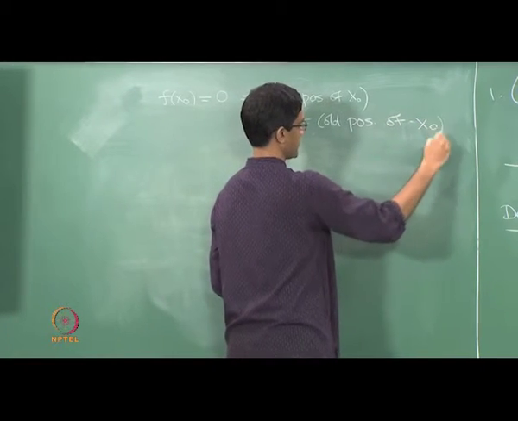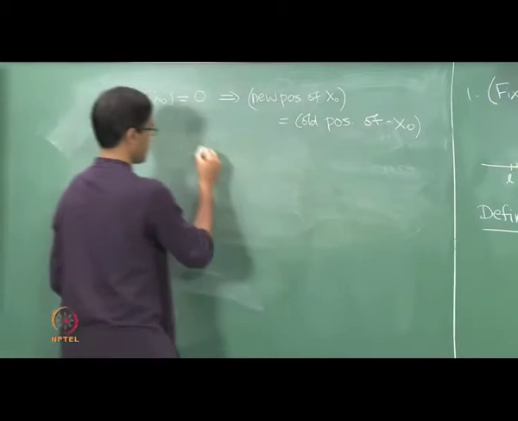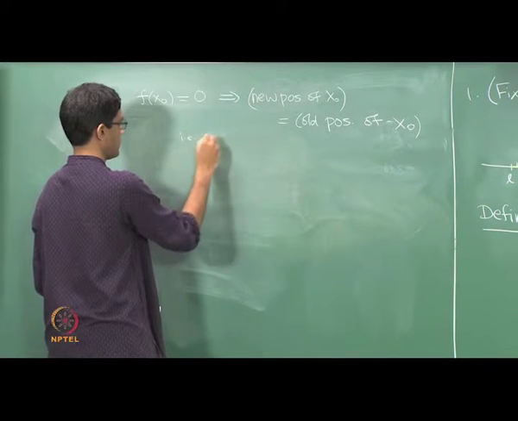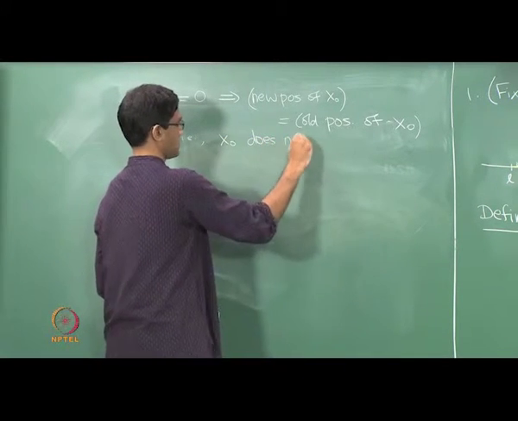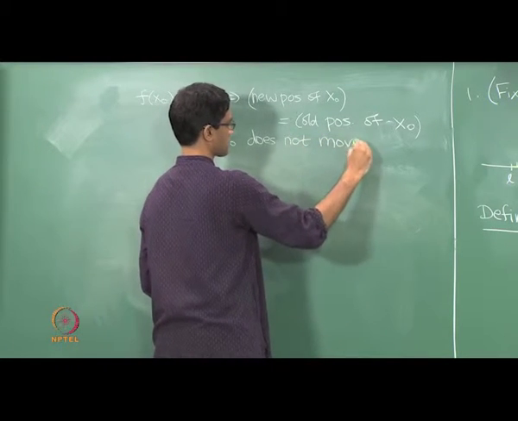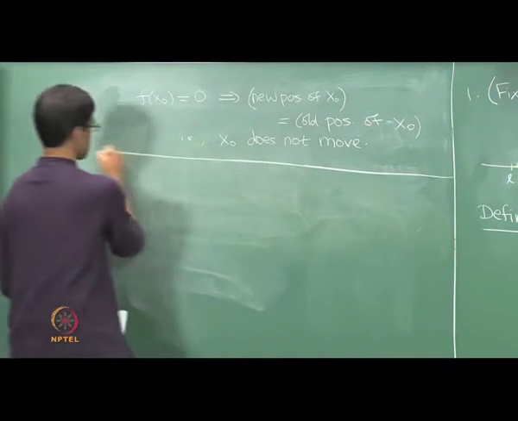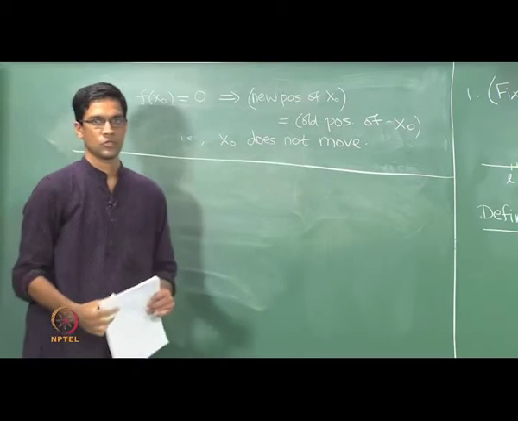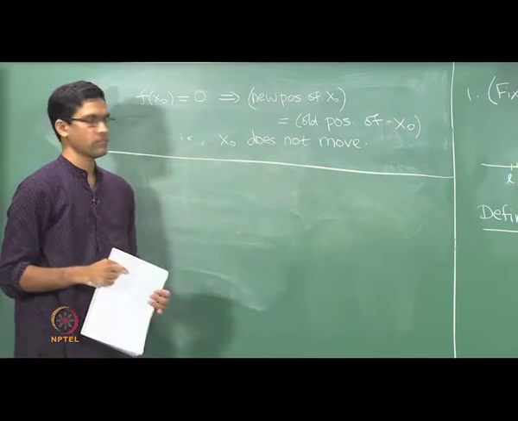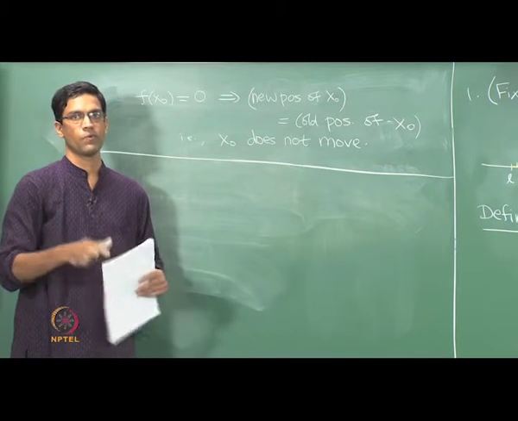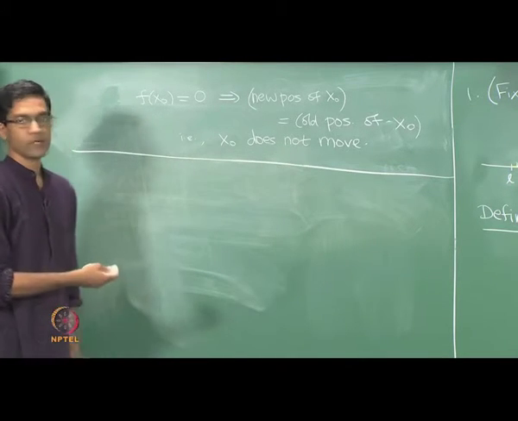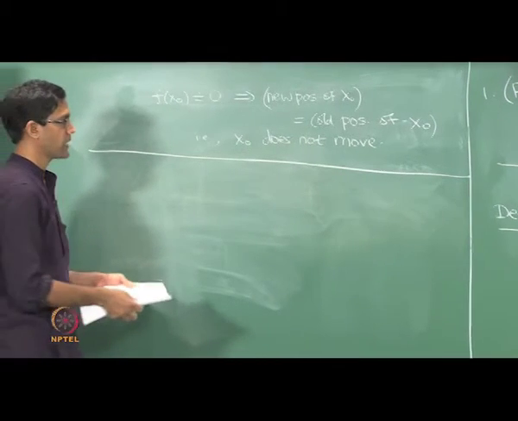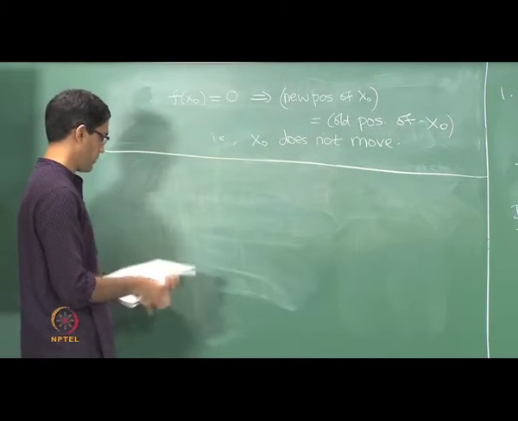In other words, x naught does not move, and that is exactly what we wanted to prove. So this is often called a fixed point theorem, which says that there is a point which is fixed under some transformation. So here is the first example. It turns out to just be an application of the intermediate value property.